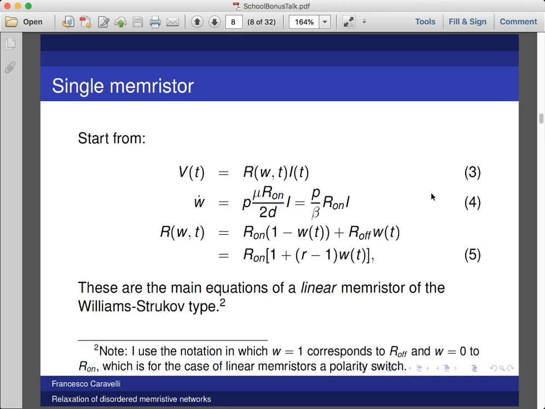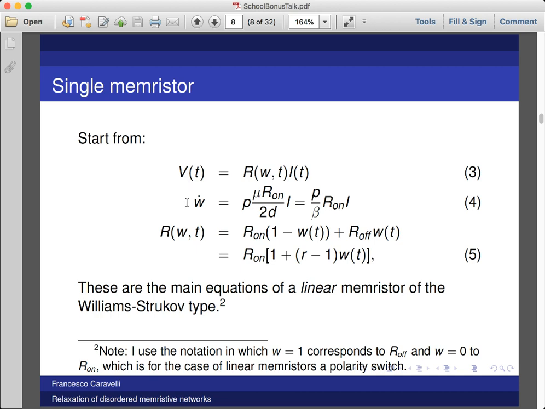So let's just give a hint of how a single memristor works by applying a very simple approach. You start from a voltage applied to the resistor, and so this has to satisfy equation 3.